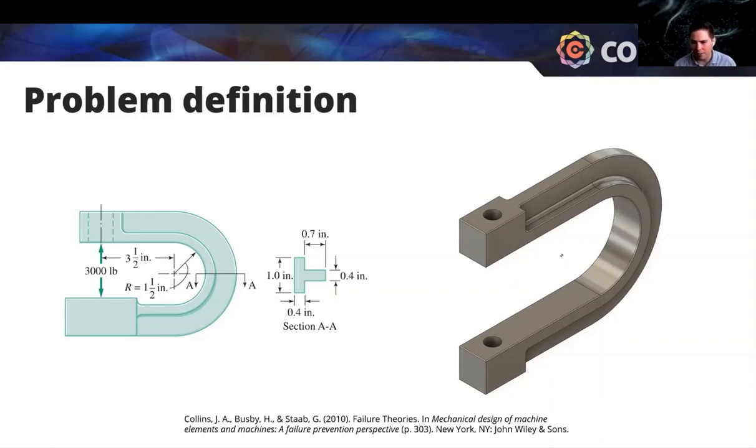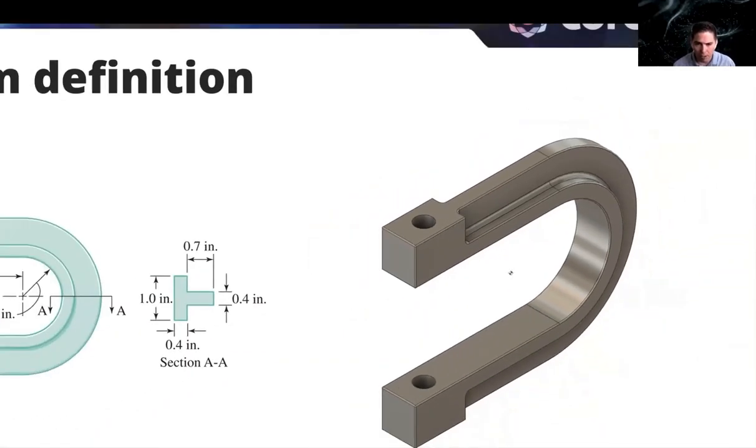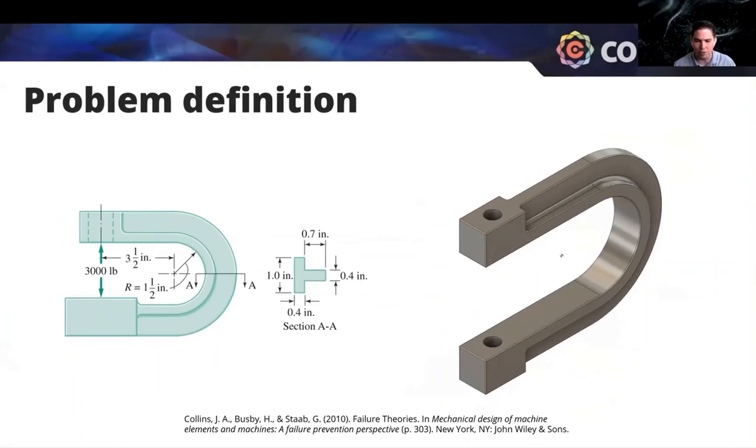But in reality, in practice, we oftentimes receive CAD models that have a lot of extra features that maybe are required for manufacturing. So in this case, there are some small fillets that were added by the designer to reduce sharp hazards so that during manufacturing, people aren't going to be cutting themselves on it, so this meets OSHA requirements, as well as adding some fillets that reduce the stress concentrations.